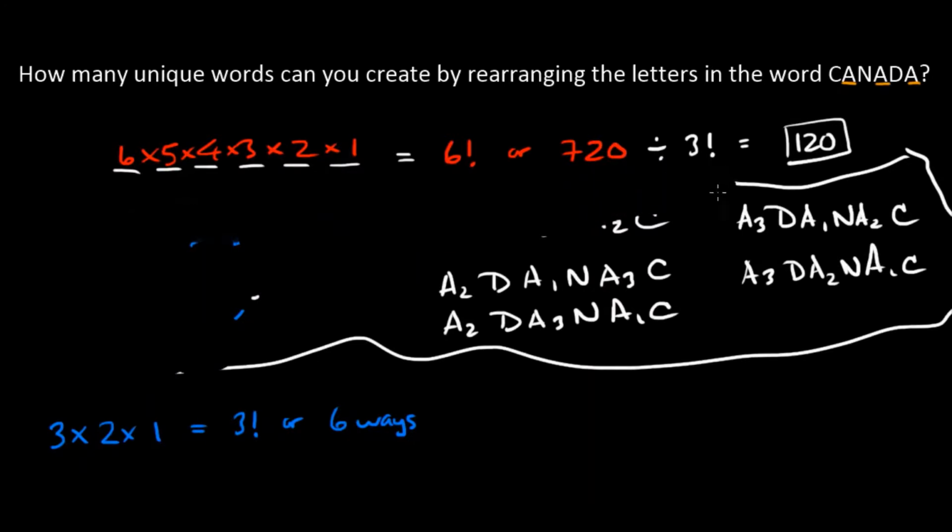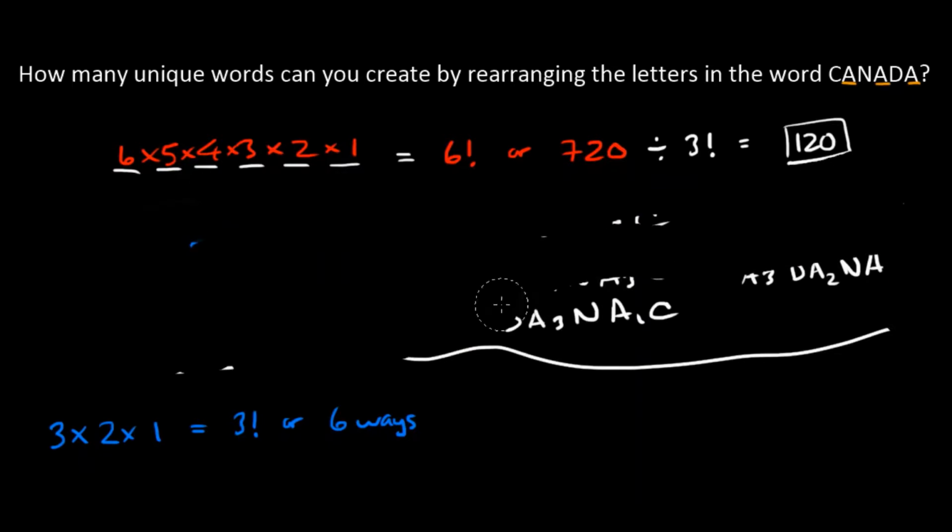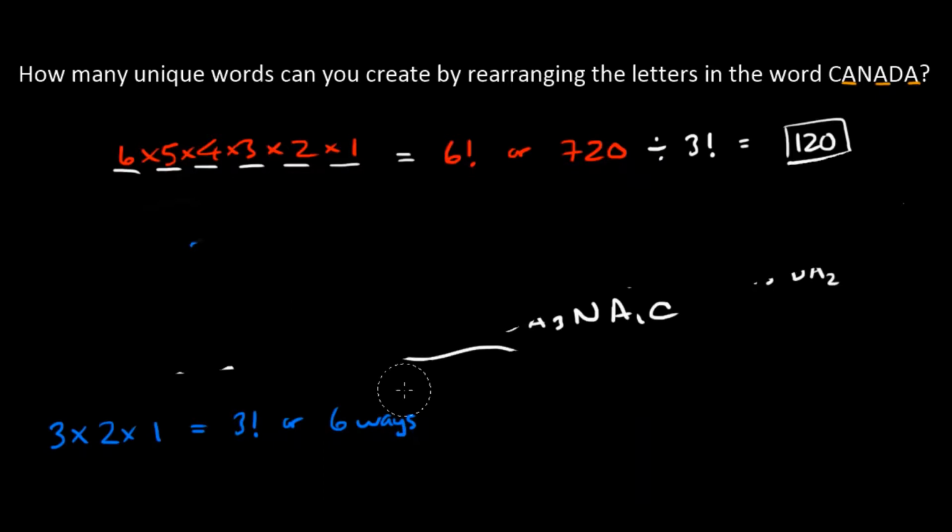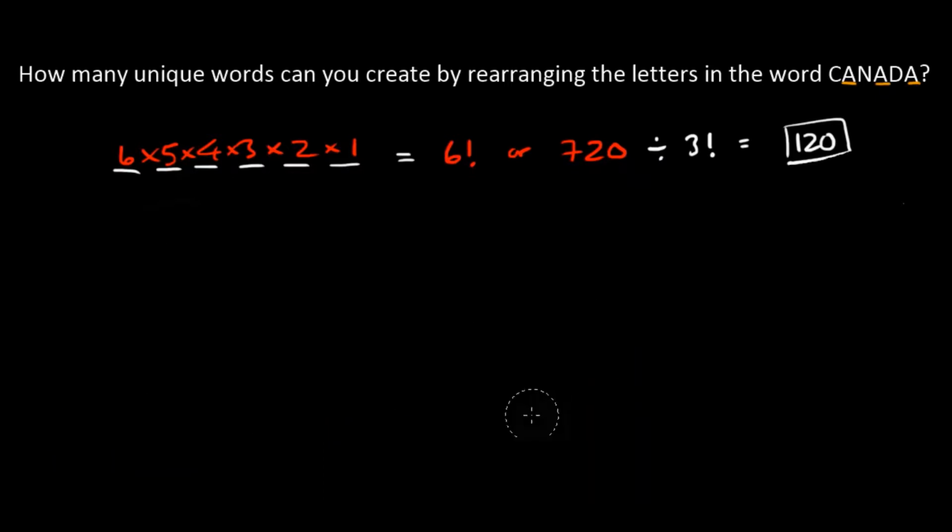Hopefully I convinced you that that makes sense, that we're getting duplication now, not twice as many duplicate words, but a factor of 6 this time, which of course is not a coincidence that there's 3 factorial or 6 ways that we can arrange those duplicate A's. So really all I needed to show here, we say 6 factorial, which is the total number of ways of arranging all 6 of those items, and then dividing that by 3 factorial.